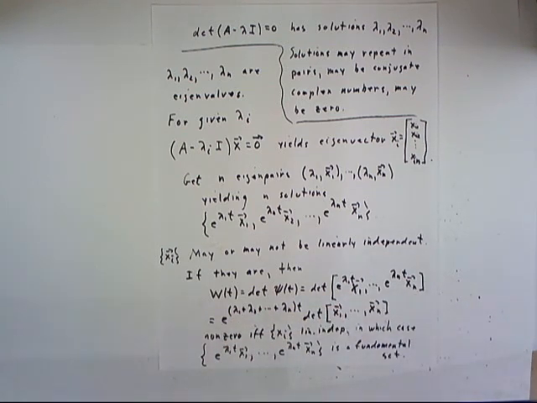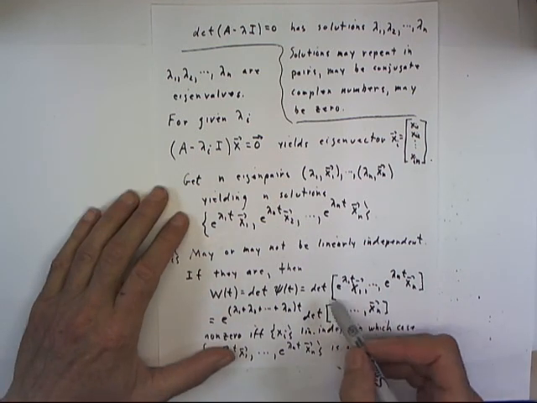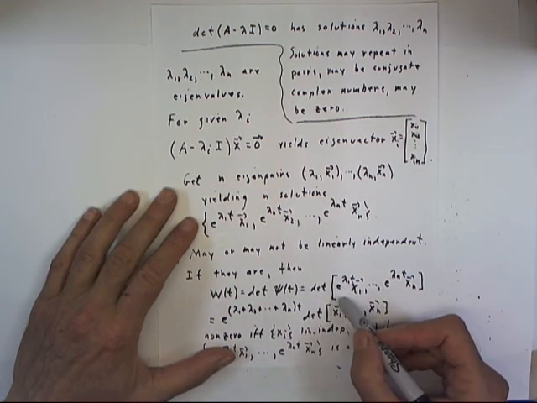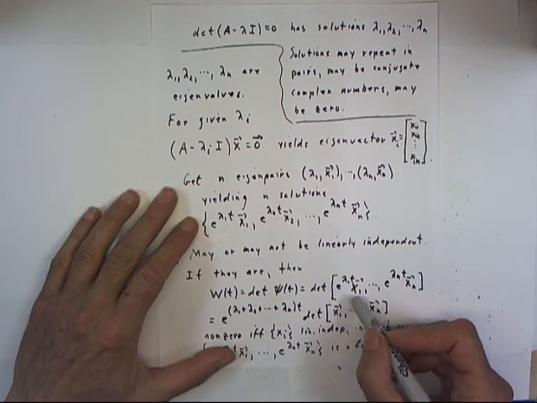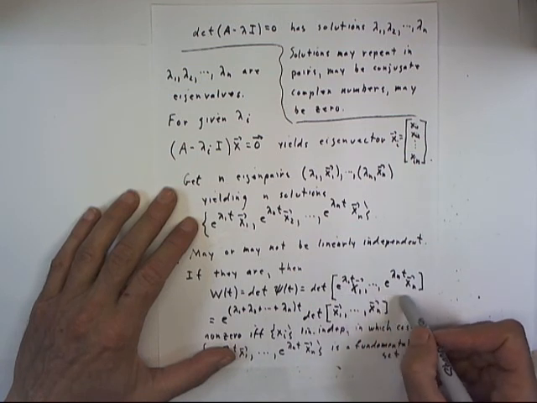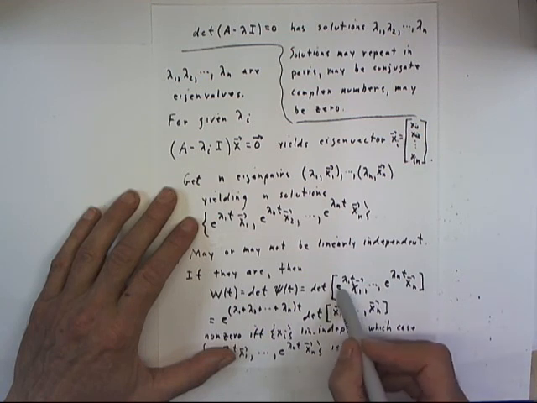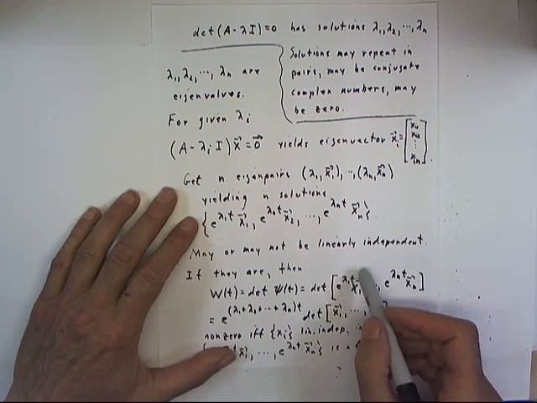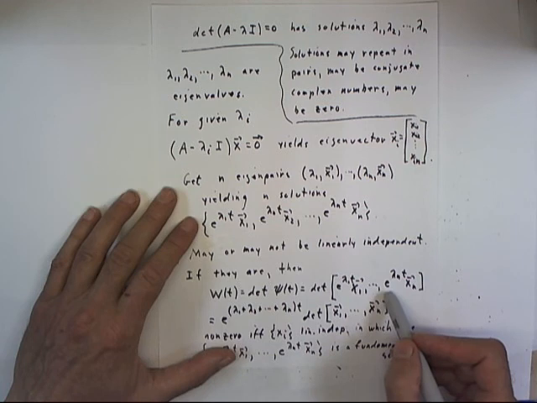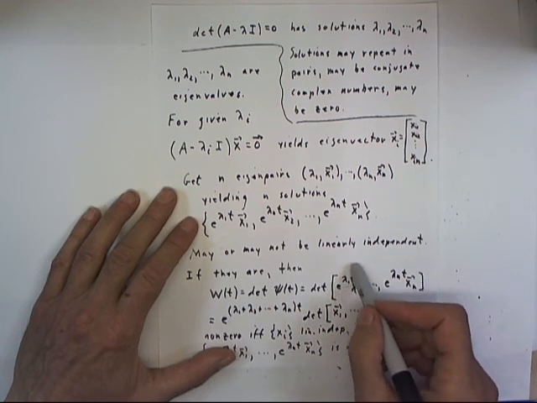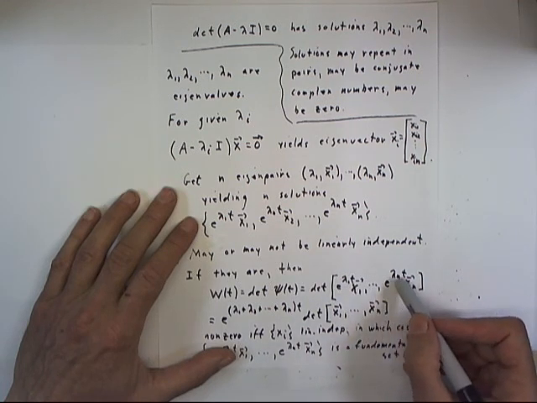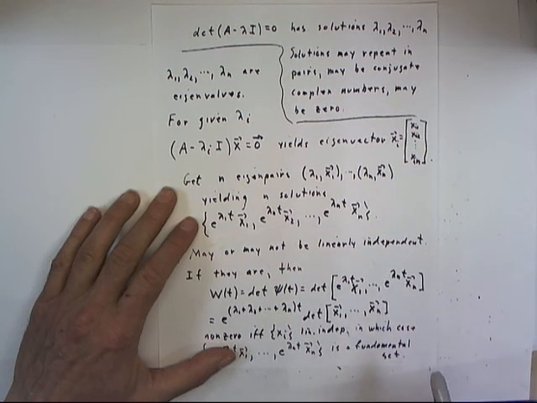Now, without proving it or otherwise validating it, there is a simple fact about the determinant of something times x1 plus something times x2 plus something times xn, where these are column vectors, so that what you have is the same factor all the way through the first column. The factor e to the lambda 1 t applies through the first column, e to the lambda n t applies through the nth column.